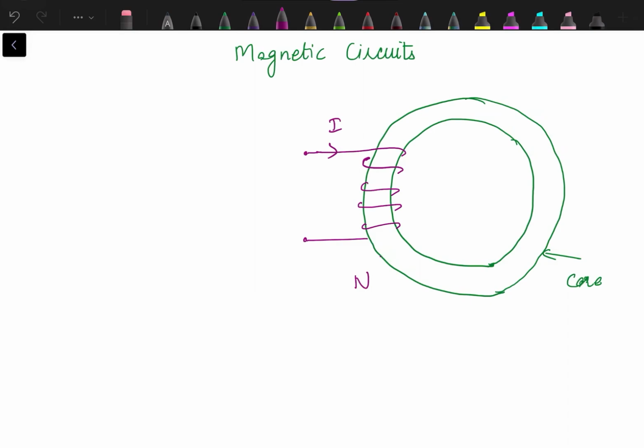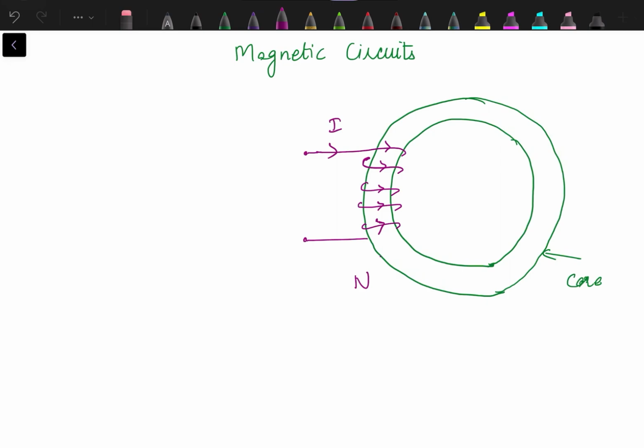coil. Now this current is flowing through N number of turns. So it will result in the production of flux. Now the direction of that flux can be found with the help of the screw rule or right hand thumb rule.